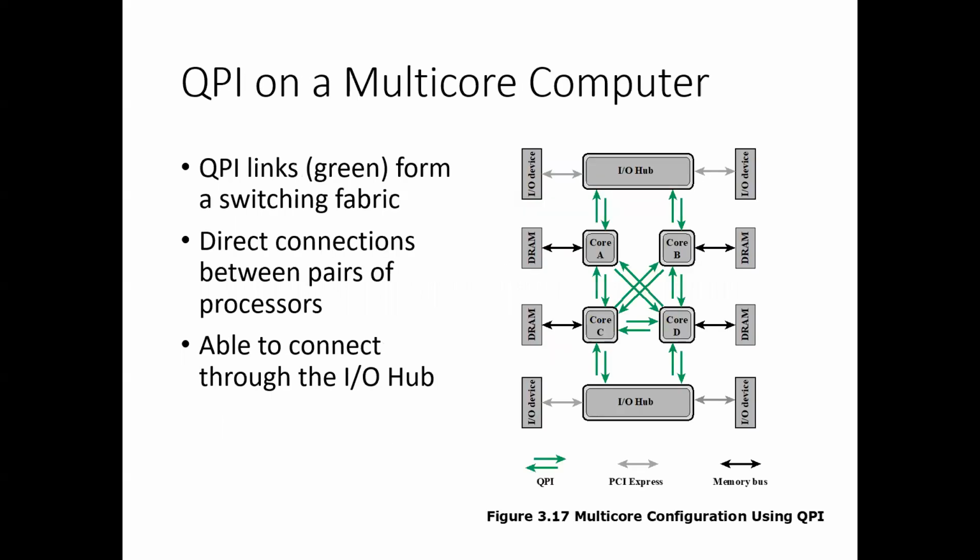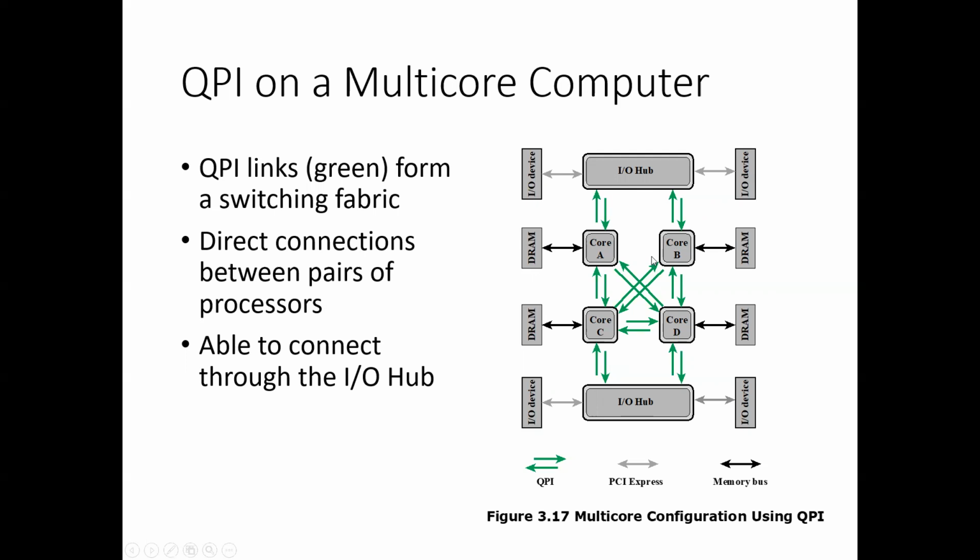QPI on a multi-core computer is illustrated here. The links indicated by the green arrows are pairs in the figure. So you can see core A is connected to and from the I/O hub. Core B is also connected to and from the I/O hub.